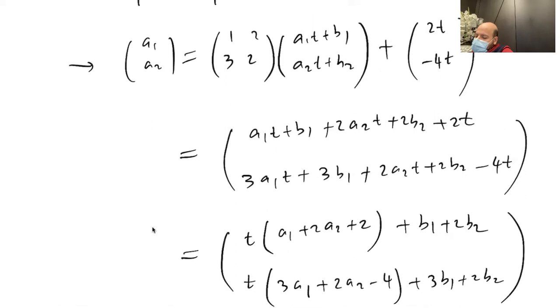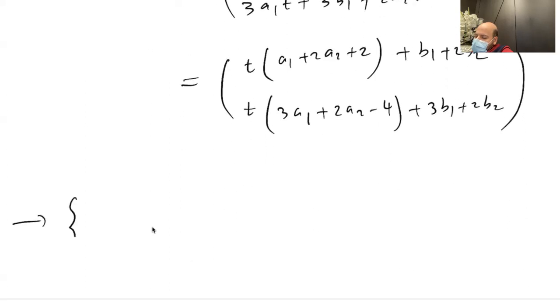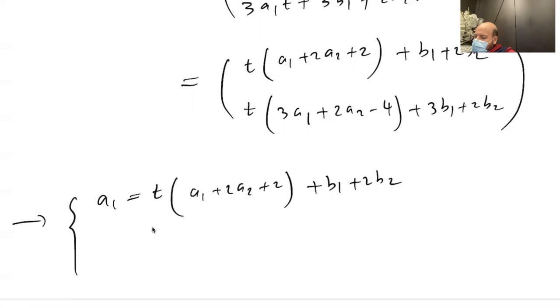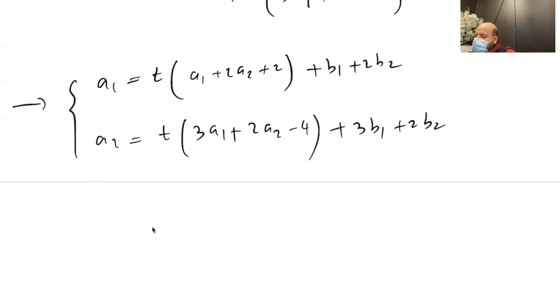And this is supposed to be same as a1, a2. So I will have a1 equals t times a1 plus 2a2 plus 2, plus b1 plus 2b2, and also a2 will be same as t times 3a1 plus 2a2 minus 4, plus 3b1 plus 2b2.